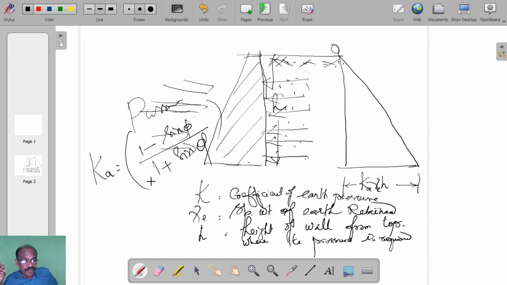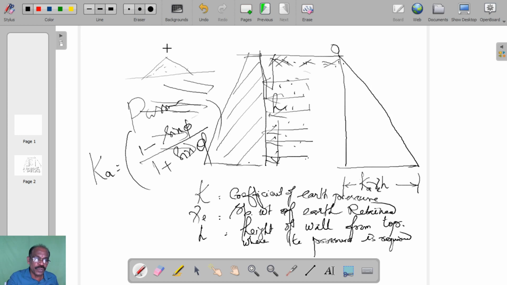What is meant by angle of repose of the soil? Because of the internal friction of each and every soil particle, suppose we are pouring soil in a particular place, the soil particles will automatically make an angle. This angle is nothing but the angle of repose of the soil. Once we put some soil on the ground, the shape is like this.